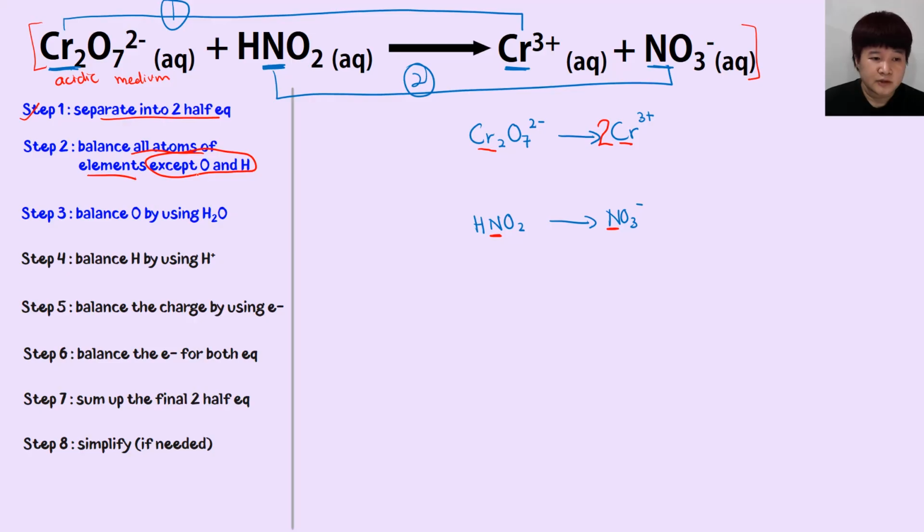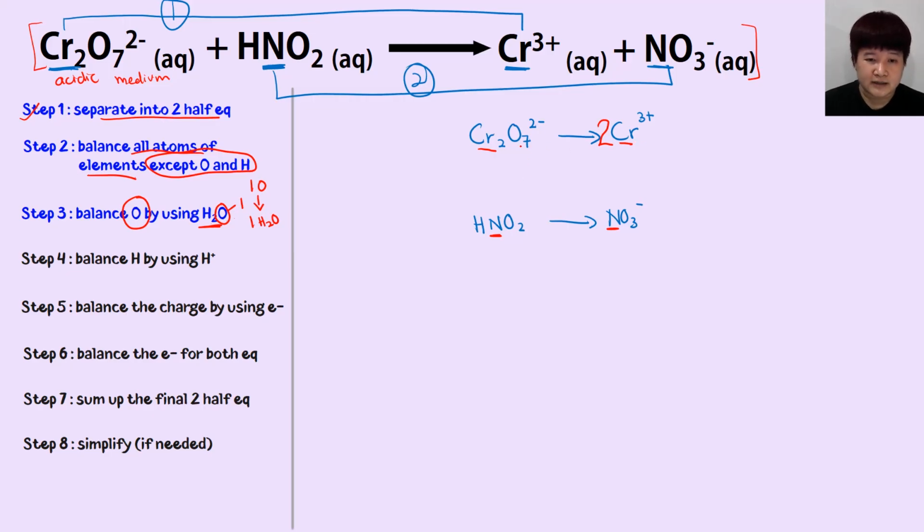So we move on. Step 3. Balance the oxygen by using water. We know that in 1 mole of water, I have only 1 oxygen. Therefore, if I don't have enough oxygen, I will add in H2O. What do I mean by that? Look at your first half equation.